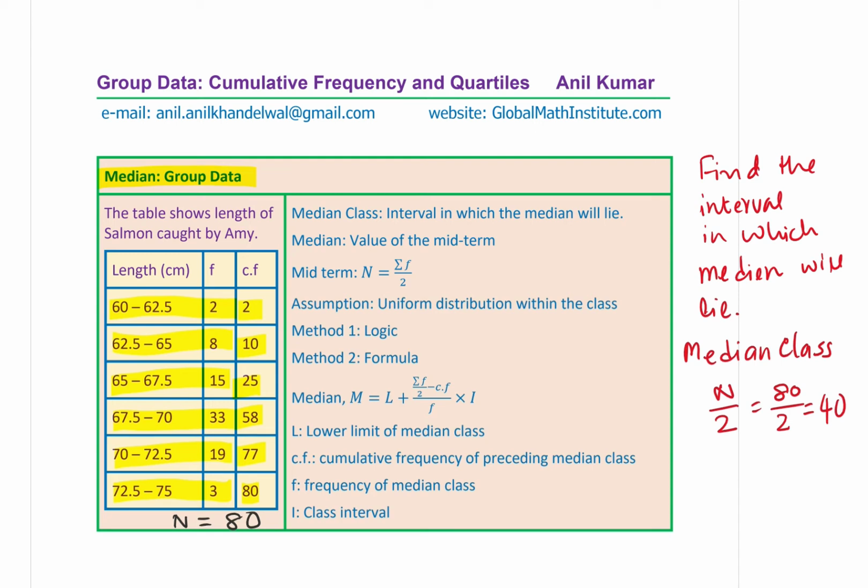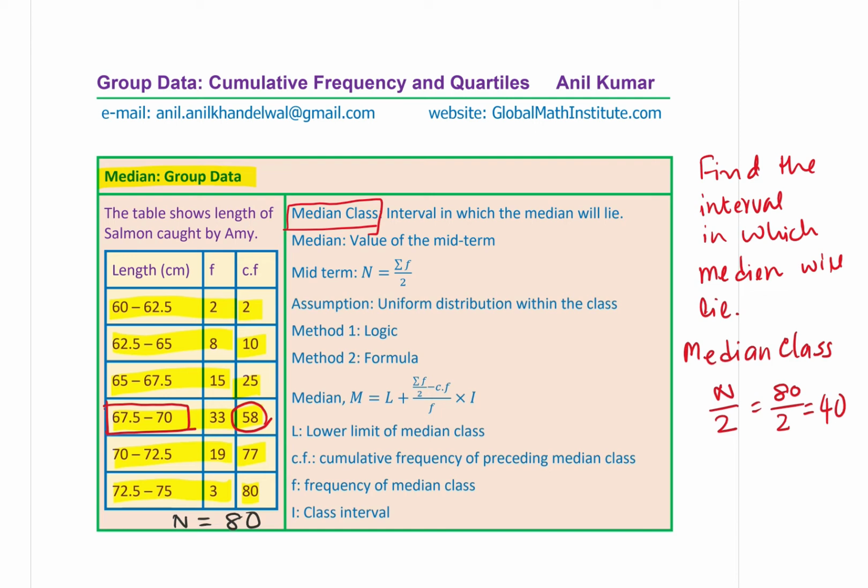In the cumulative frequency, we find that the 40 will lie in the interval 67.5 to 70. So that becomes the median class for us. Right? So you understand what a median class is: the interval in which the median will lie.